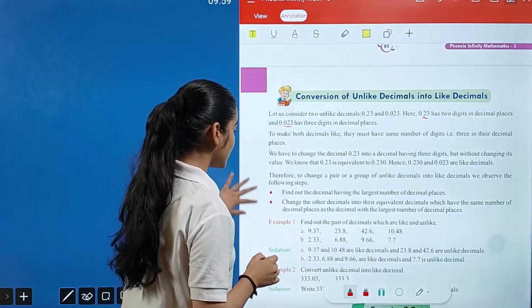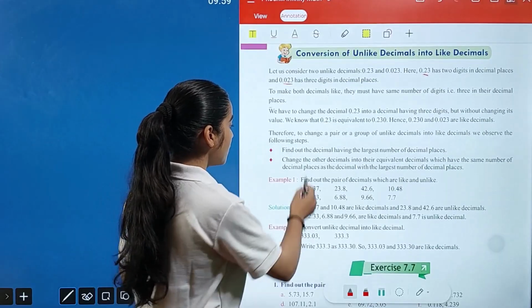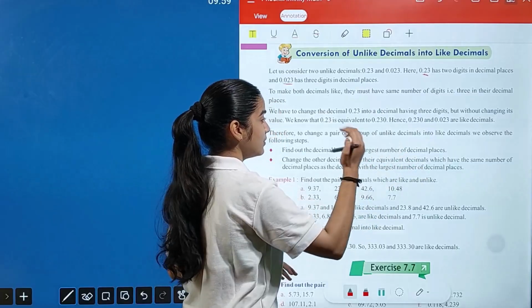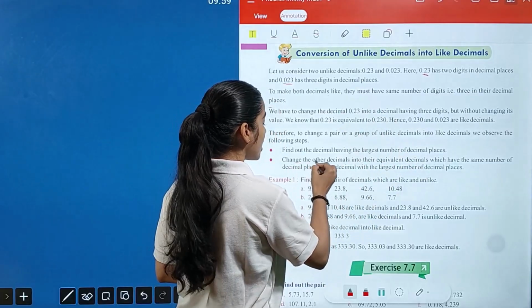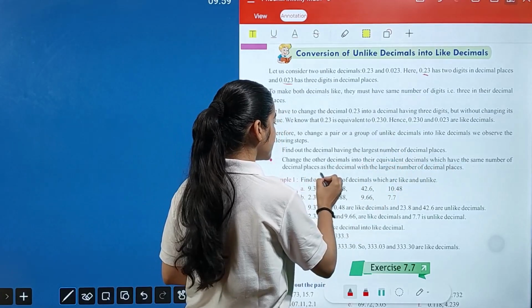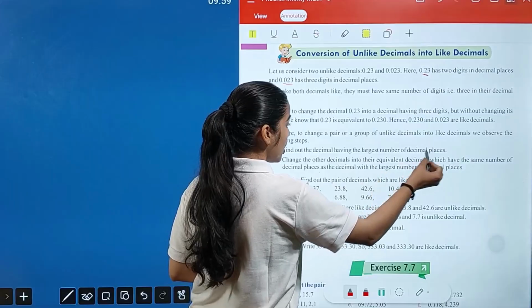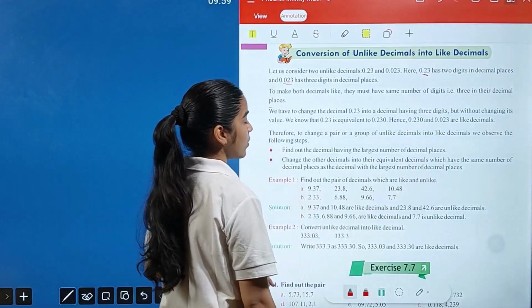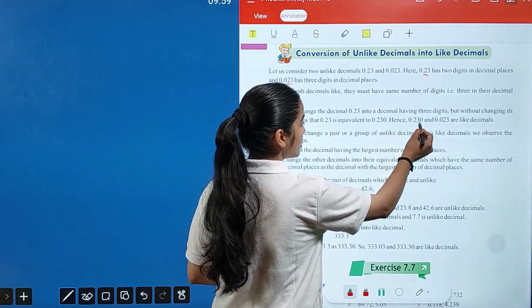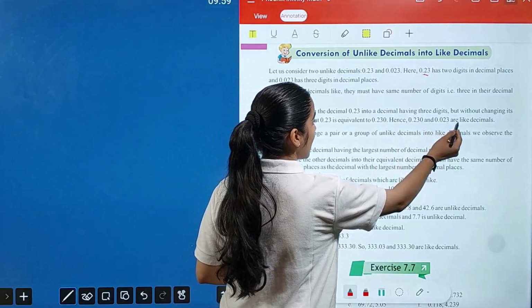So here are our steps. Find out the decimal having the largest number of decimal places. The largest we have is 3, right? Change the other decimal into its equivalent decimal which has the same number of decimal places as the decimal with the largest number of decimal places, 3. So we just have to add a 0, and 0.230 and 0.023 are like decimals.